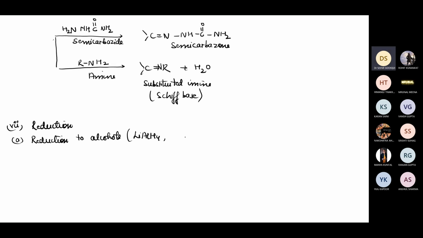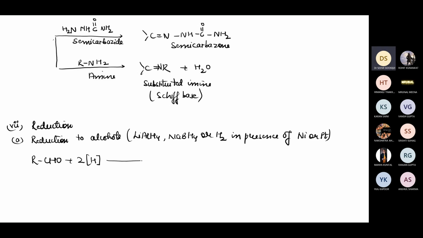Lithium aluminum hydride, sodium borohydride or hydrogen in presence of nickel or platinum. Now if you are taking an aldehyde, अगर आपने aldehyde लिया है and your aldehyde undergoes a reduction, then it is going to give you the alcohol, but the alcohol which you are going to get is going to be first degree.